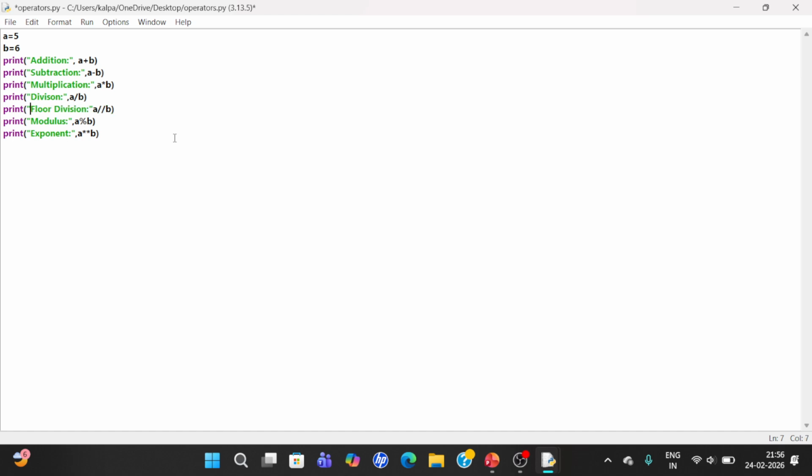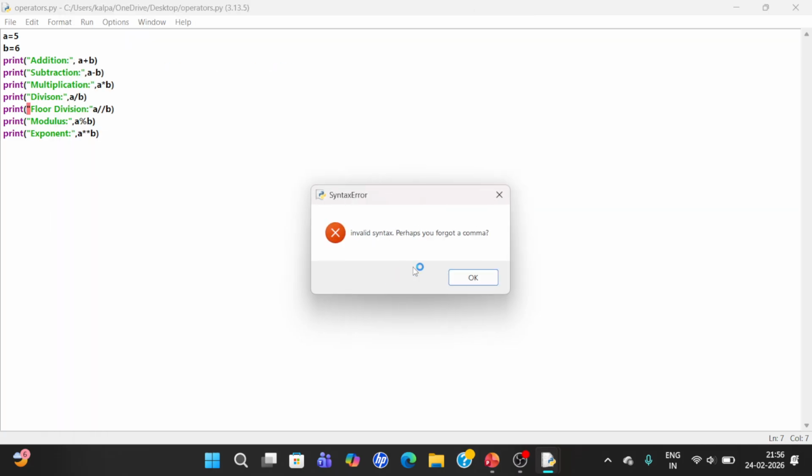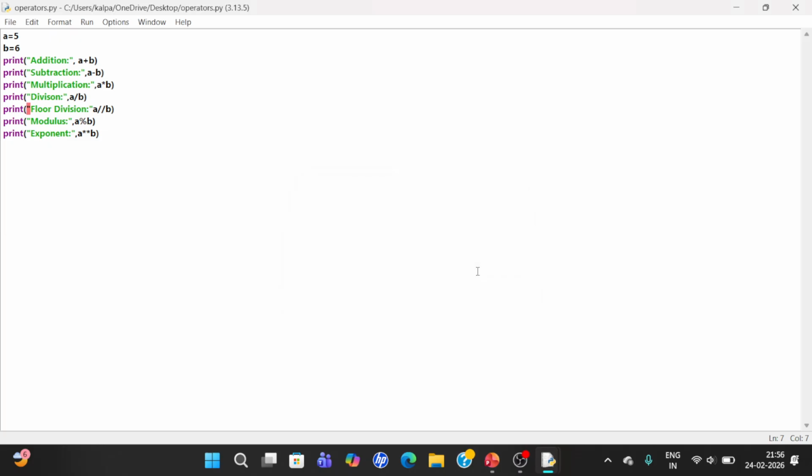Can anyone guess what the error is? Invalid syntax, I forgot a comma. In division, I forgot the comma here. That's why it's showing an error.